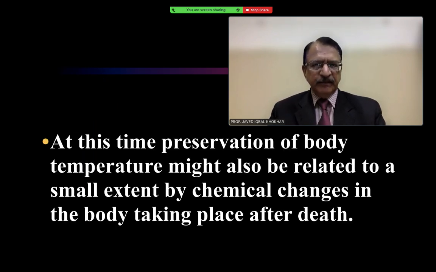At this time the body temperature is preserved, and it is also because of the chemical changes going on within the body. That means some heat production is going on, and it depends upon the glycogen content of the muscles. Then anaerobic glycogenolysis will be going on, which will be sufficient to raise the temperature.